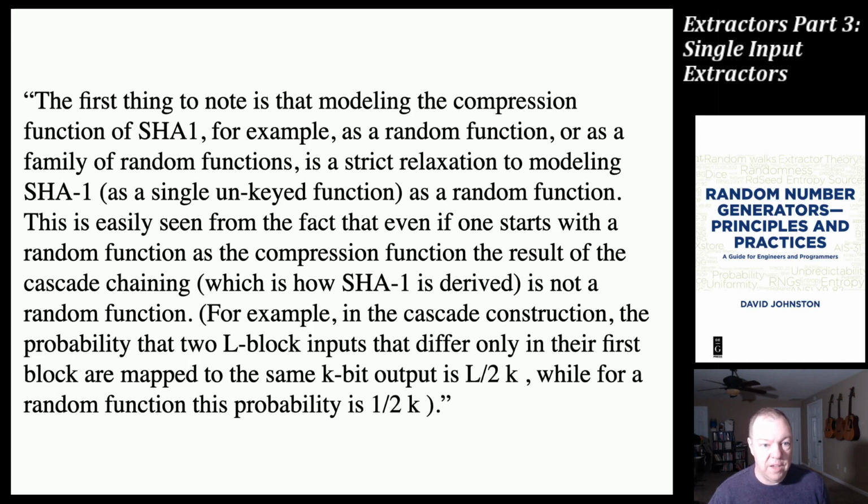And goes on to say, for example, in the cascade construction, which is the internal architecture of SHA-1, the probability of two L block inputs that differ only in their first block being mapped to the same k-bit output is L over 2^k, while for a random function, this is probably 1 over 2^k.